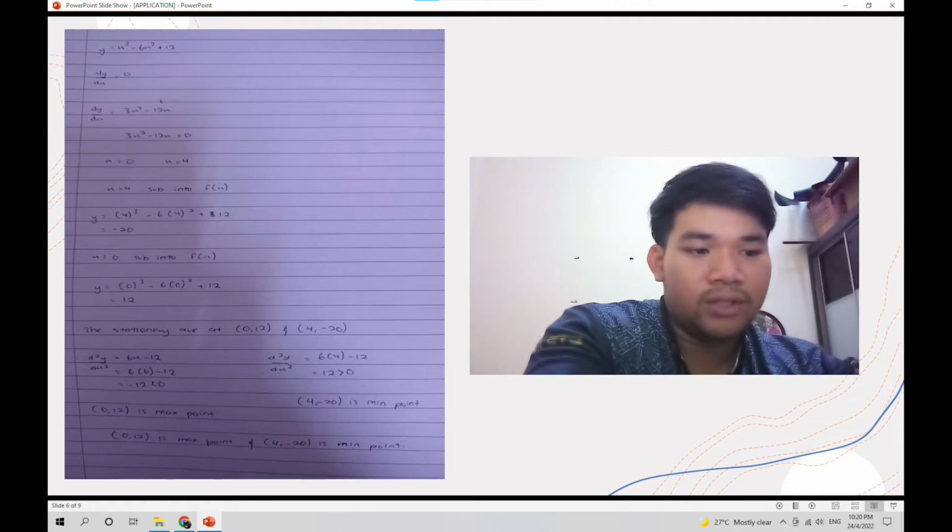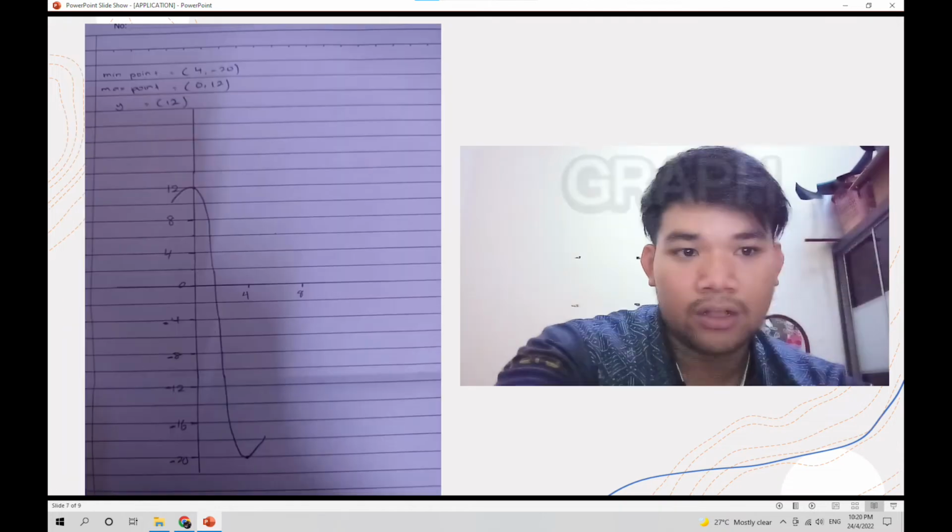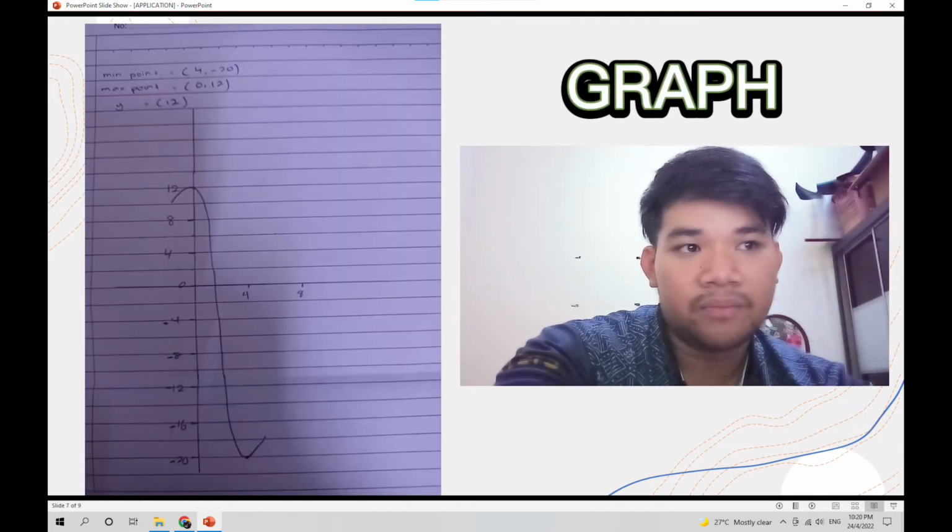Now we can conclude that (0, 12) is the maximum point and (4, negative 20) is the minimum point. After we get the minimum and maximum points, we must draw a graph. The graph is like the image that I put beside.